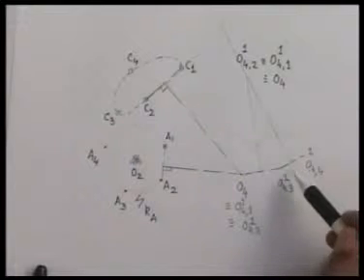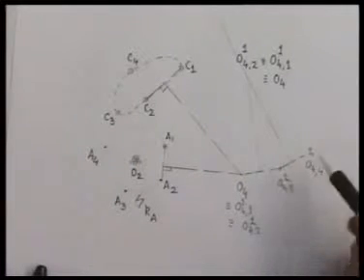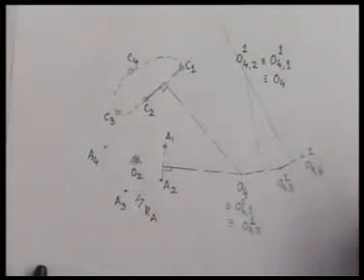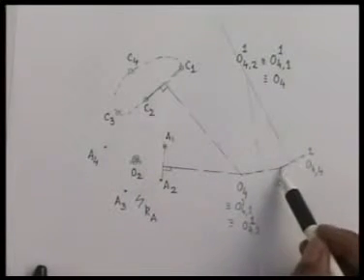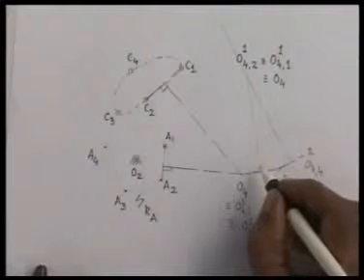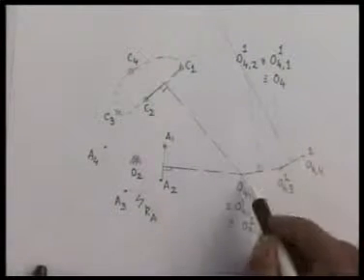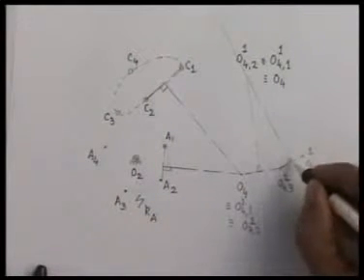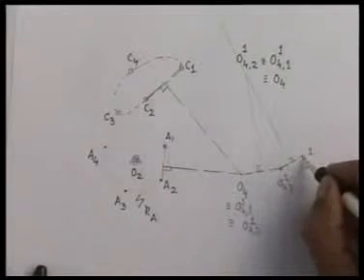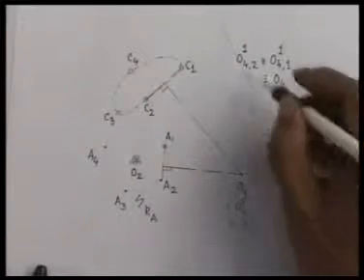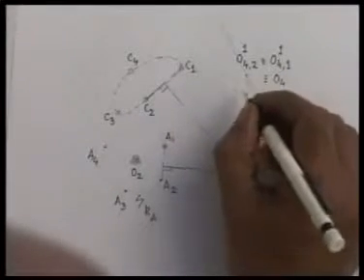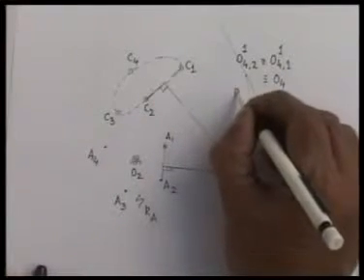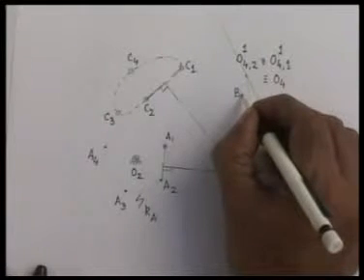Then O431 is here, and O441 is here. So the center of the circle passing through these 3 distinct locations I can find by drawing the perpendicular bisector of this line and the perpendicular bisector of this line. These 2 perpendicular bisectors intersect here, which gives me the location of the other coupler hinge B1.